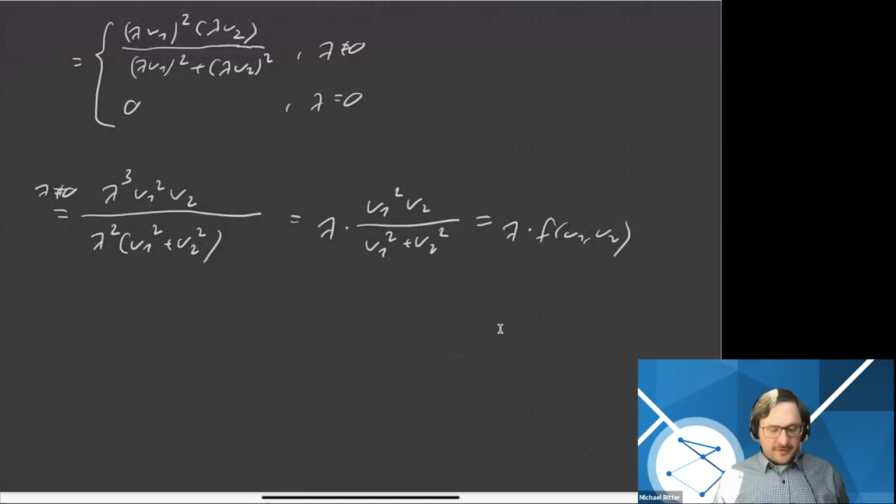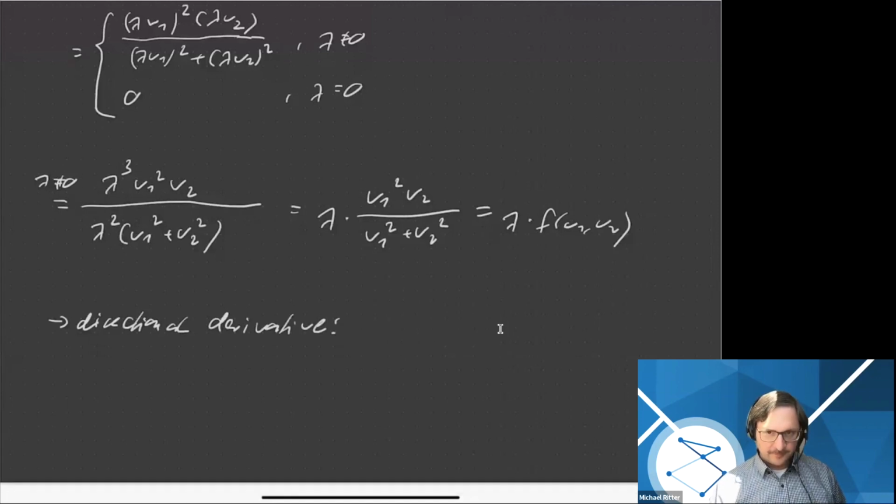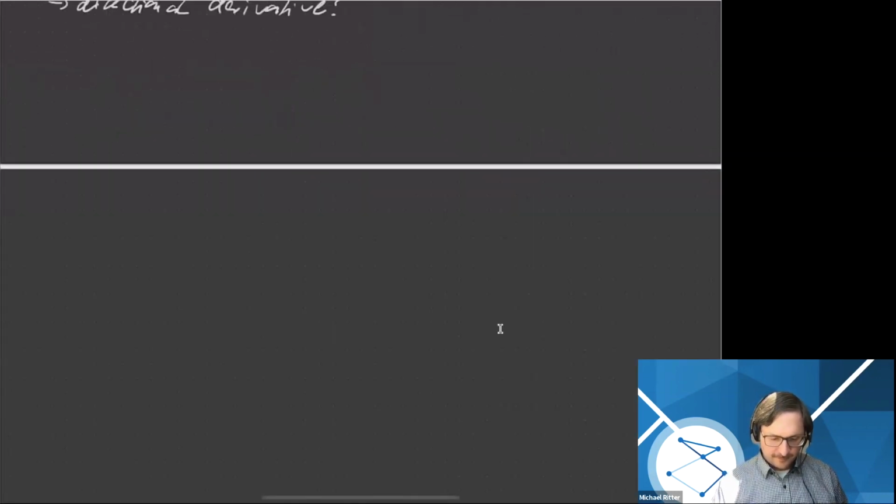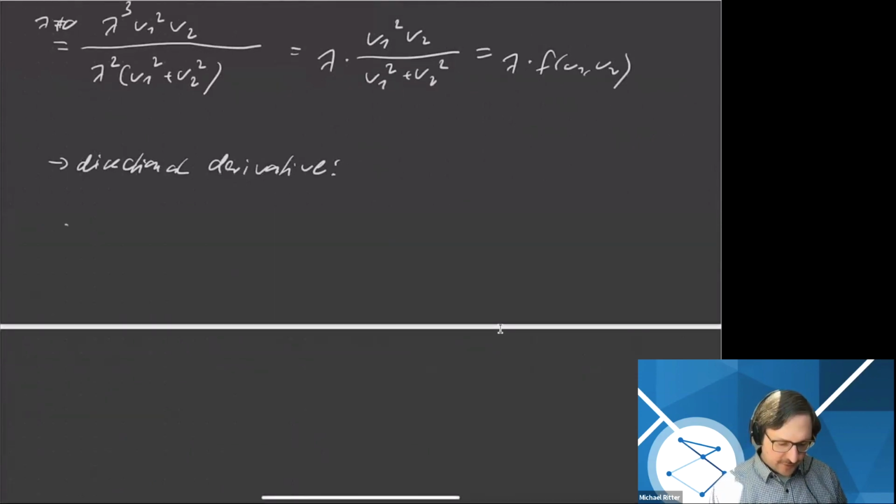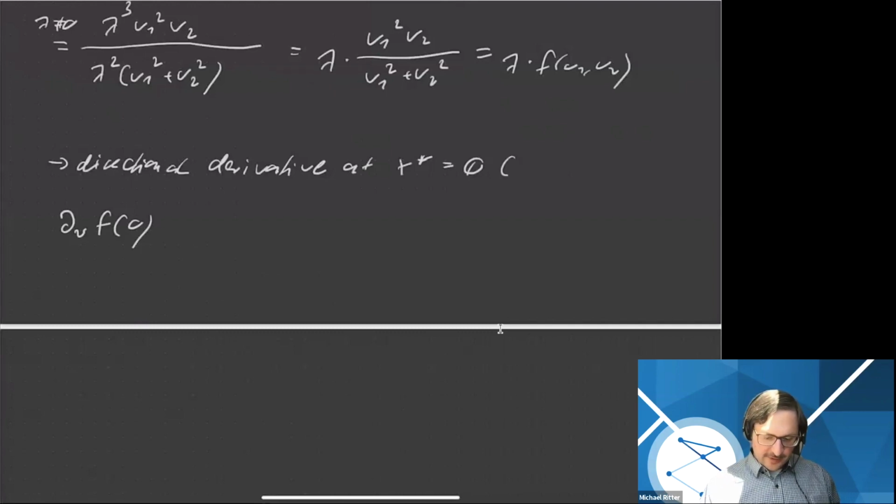Okay, what does that mean for the directional derivative? Let's compute that. If we want the directional derivative in direction v of f at the point 0, that's the point that we're interested in, x* equals 0, it means we have to consider the point λ equals 0 for all lines, because that's where they pass the origin.